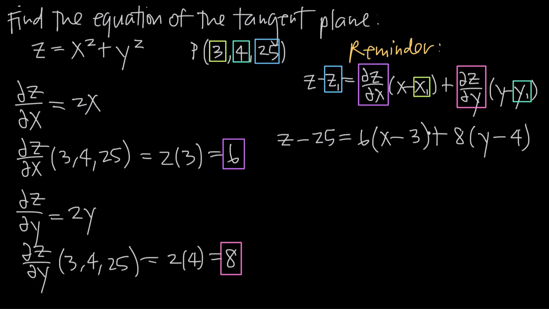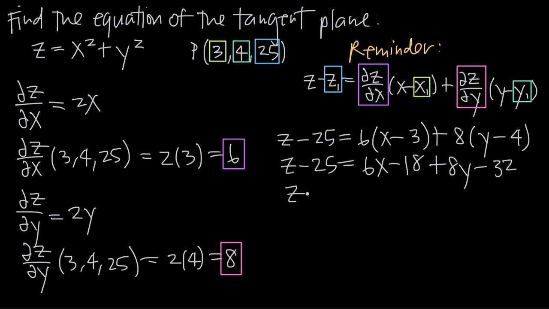Most often it's simpler to multiply everything out on the right-hand side and solve for z on the left. Here's what that looks like. z minus 25 is equal to, distributing the 6, 6x minus 18. Distributing the 8, we get plus 8y minus 32. If we add 25 to both sides and combine like terms, we get z is equal to 6x, then plus 8y, and then we got rid of the negative 25 on the left by adding 25 to this side.